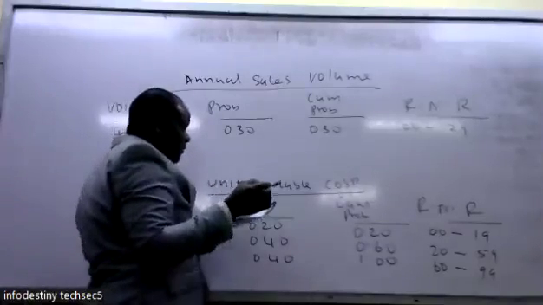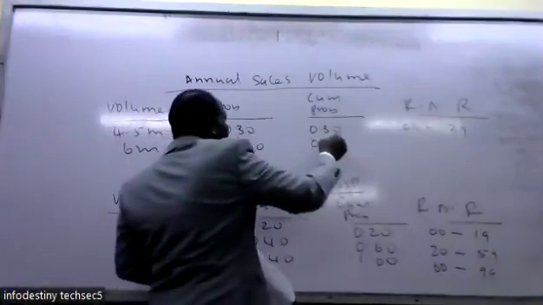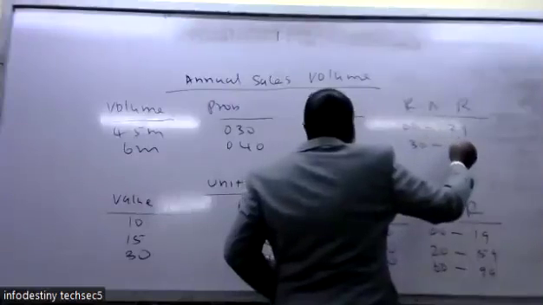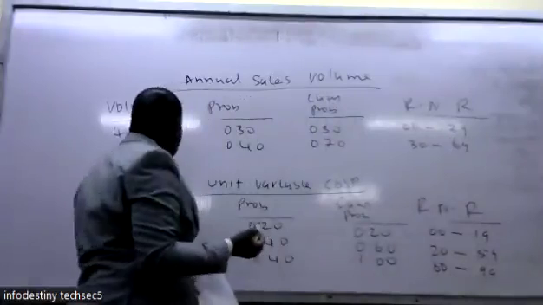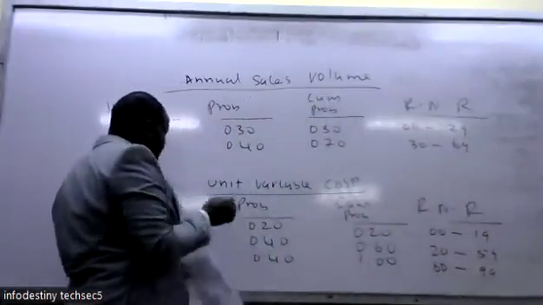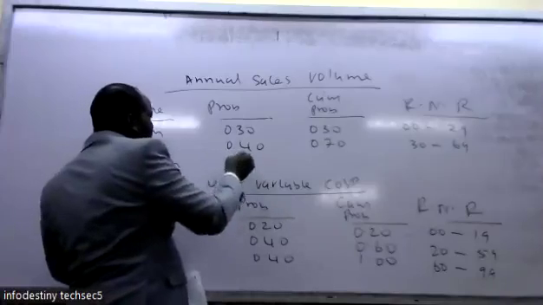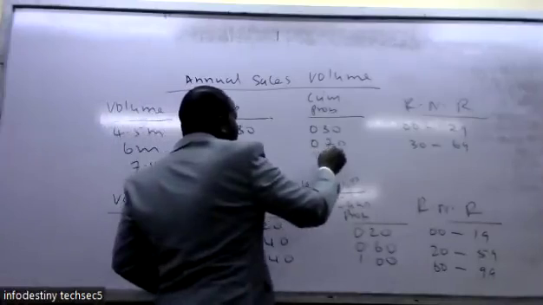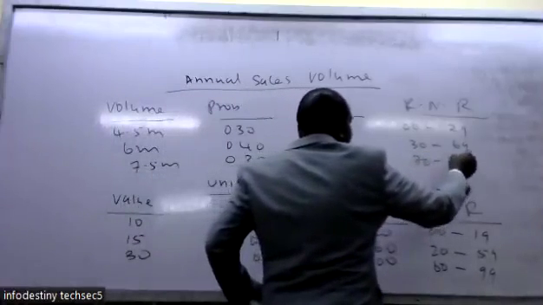So probability will be 0.4. Cumulative is 0.7. So that we start from 30 to where? 69. Then the last one, they gave us 7.5. So probability is 0.3. So that you get 1.00. So it is 70 to where?